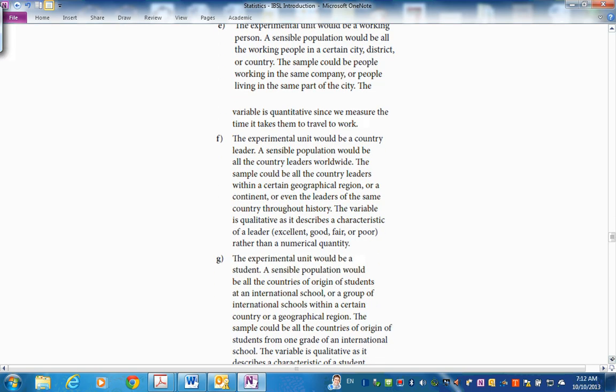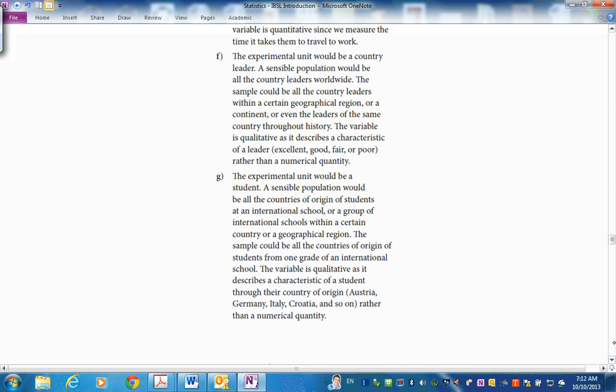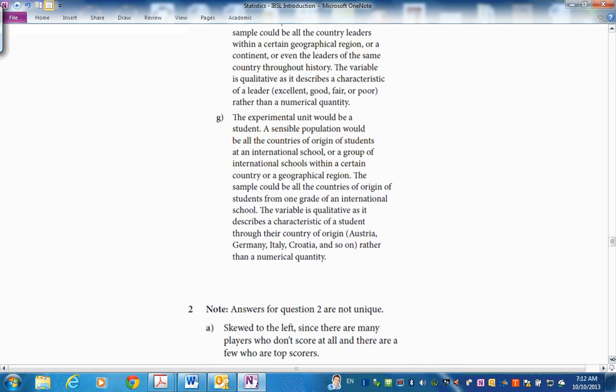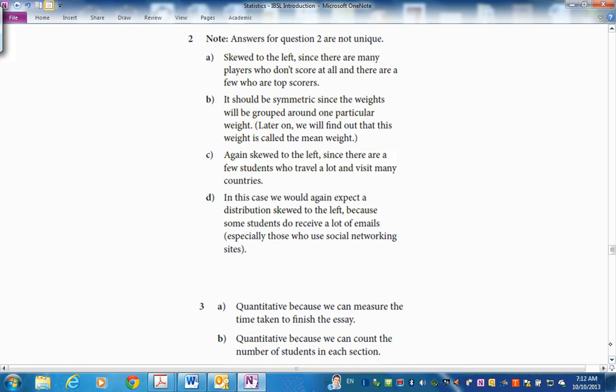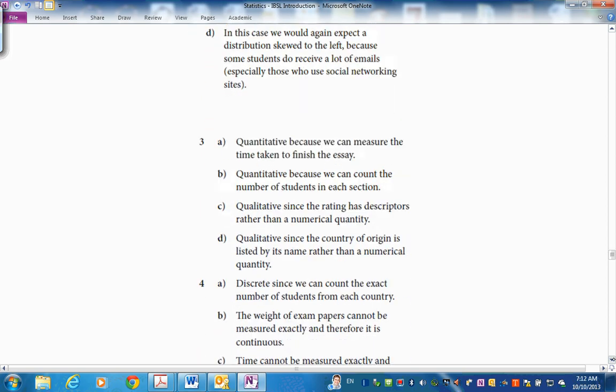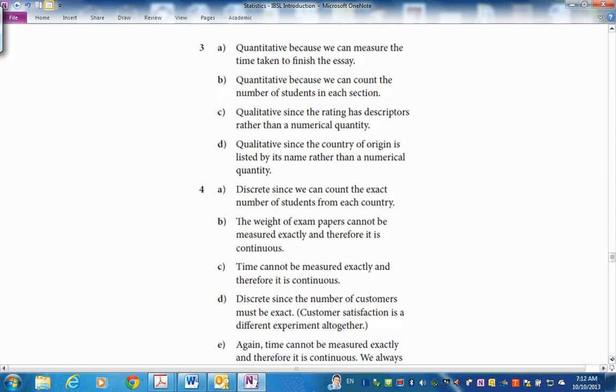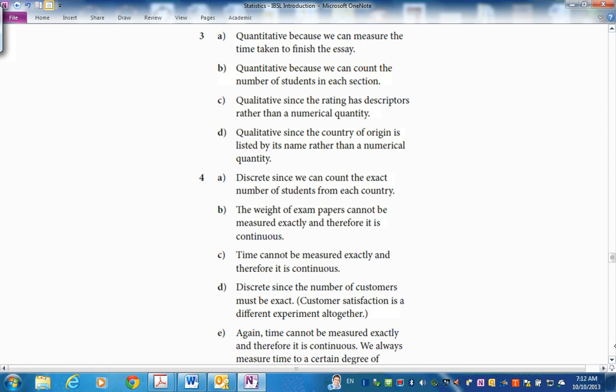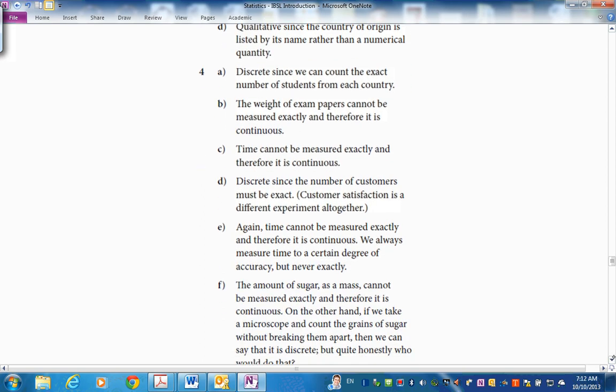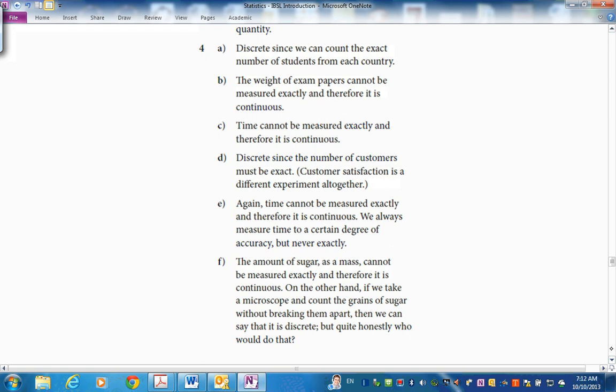F and G. Question 2, A to D. Question 3, and parts of 4 there. Let's come up 4. Yep, we've got all of 4 now.